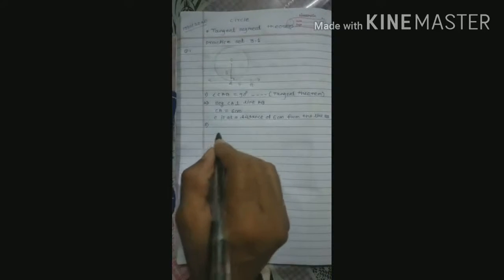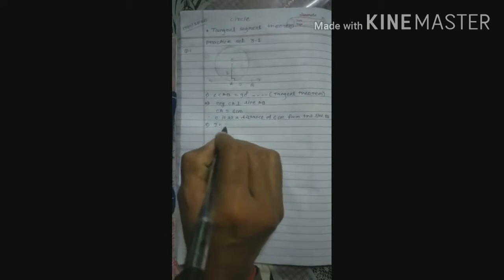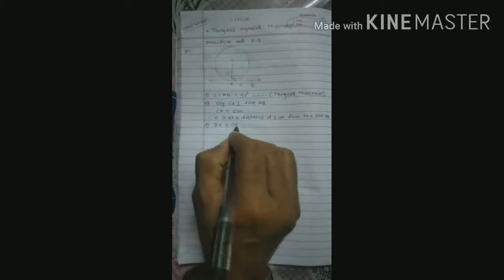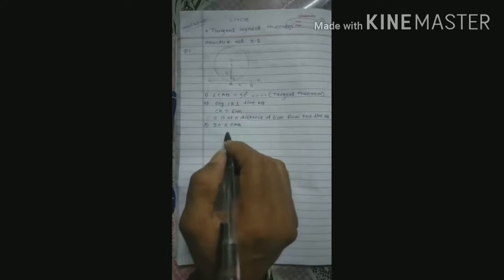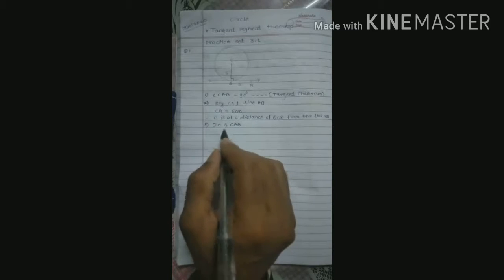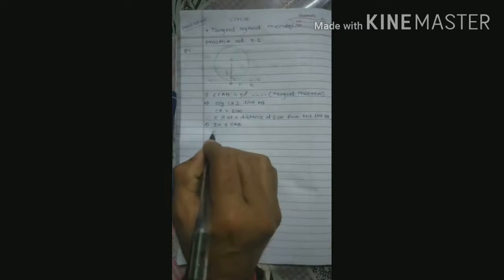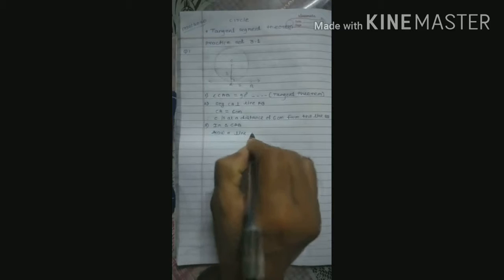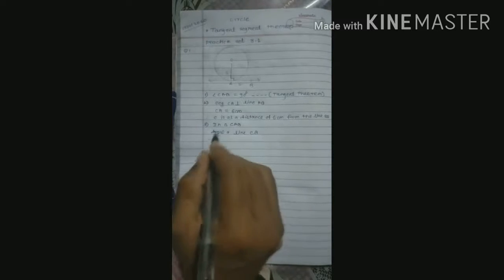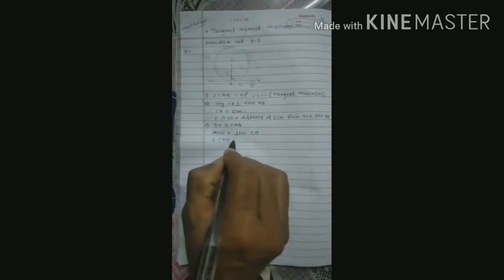So listen here. In triangle CAB, in this triangle draw the line CB. Then in this triangle angle CAB is equal to 90 degrees.